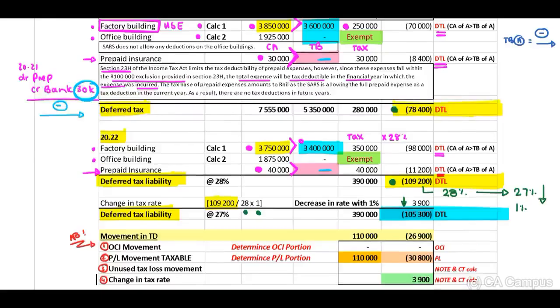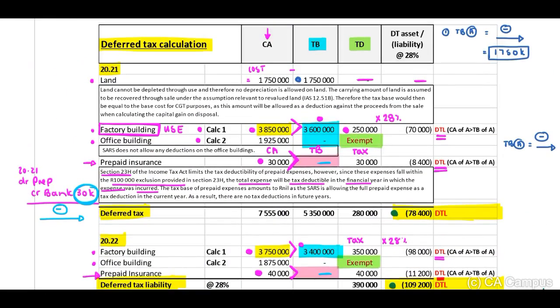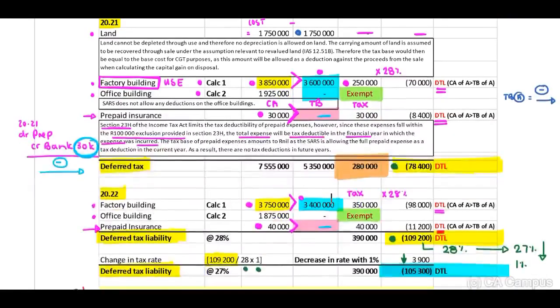Our taxable temporary difference for 2021 is this 280,000, the orange taxable temporary difference. But for 2022, this will be the 390,000.